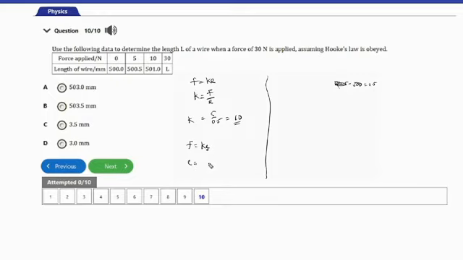So in this case, we have E to be F over K. So the F is 30 and K is 10. So 30 over 10 is 3. So in that case, the new length of this wire will be 500 plus 3, and that will be 503. So option A is the answer to this question, 503 millimeters.